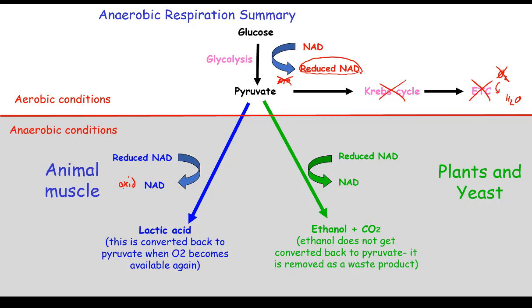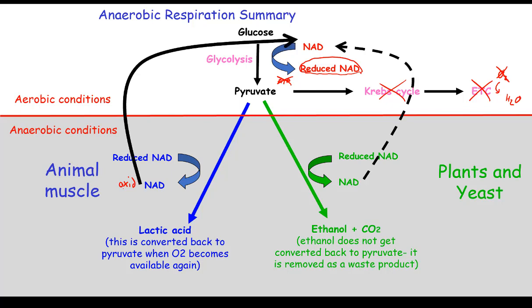That means that the NAD is free to go back here, pick up more hydrogen and allow the ATP production to continue. Now, ATP production will only happen at this stage, only at the end of glycolysis.